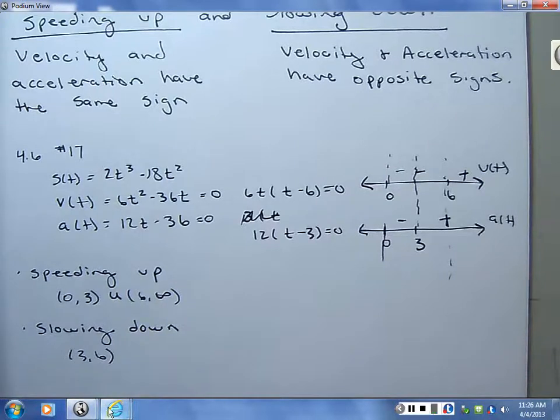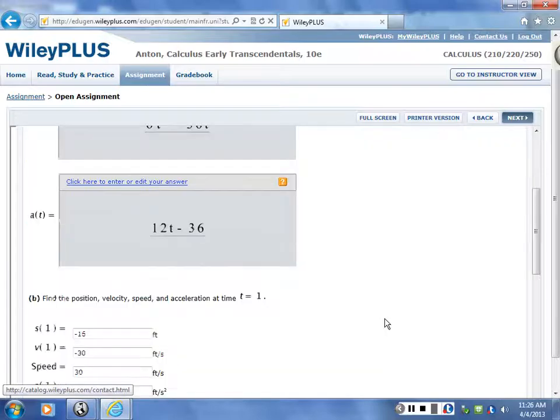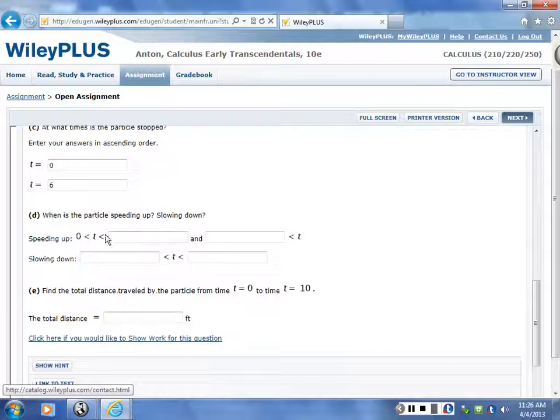So putting that into Wiley, speeding up from 0 to 3 and t is greater than 6, and slowing down from 3 to 6. Sorry, I'll fix that, thank you. So 0 to 3, and when t is greater than 6, and slowing down when 3 is less than t is less than 6.